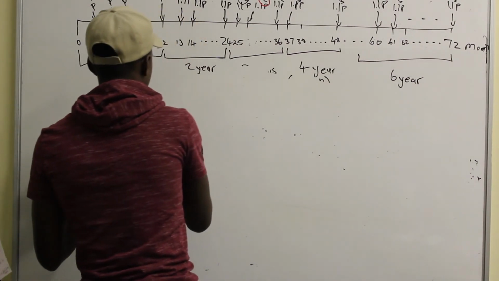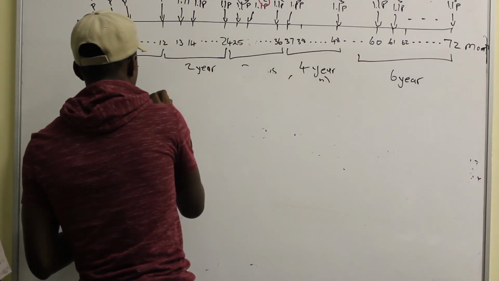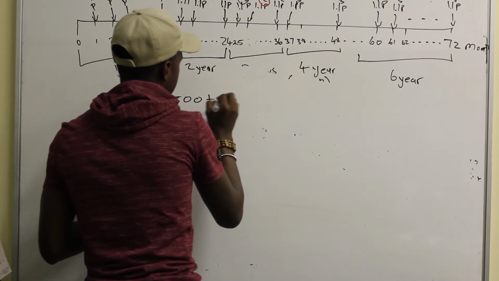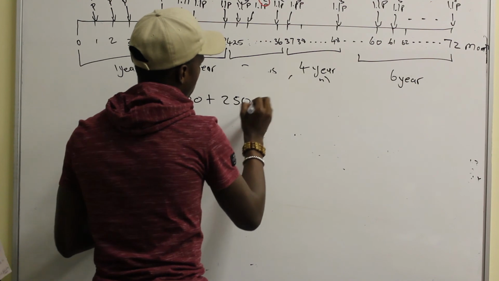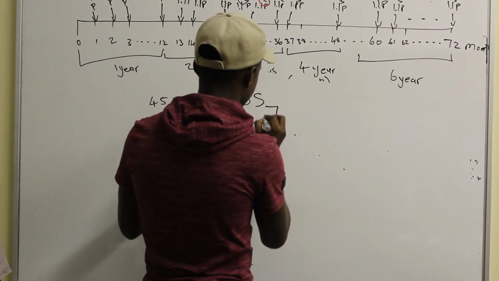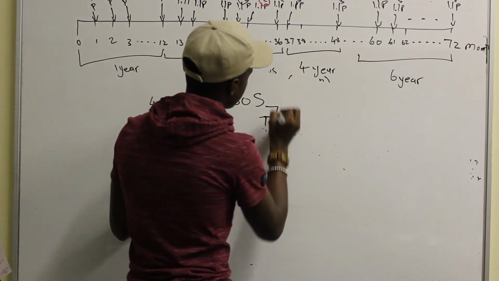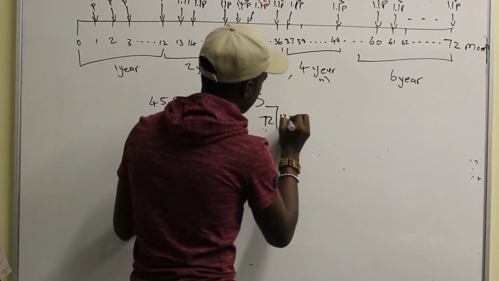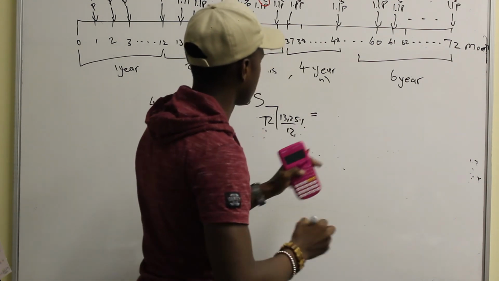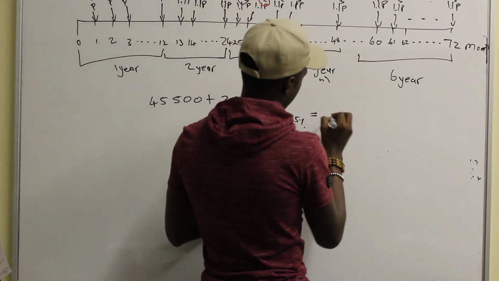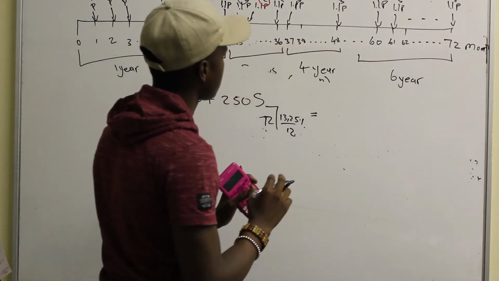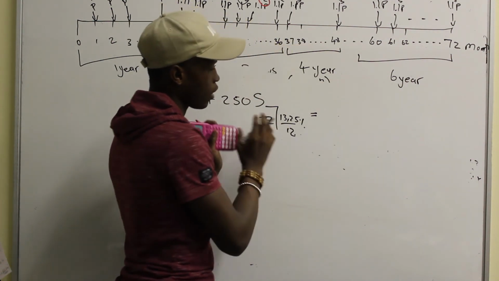Going to the future value, we had the 45,500 plus the 250 as 72, and the interest 13.25% divided by 12 is equal to. So remember, we took something out. We took the thing that I said was ugly out, right?